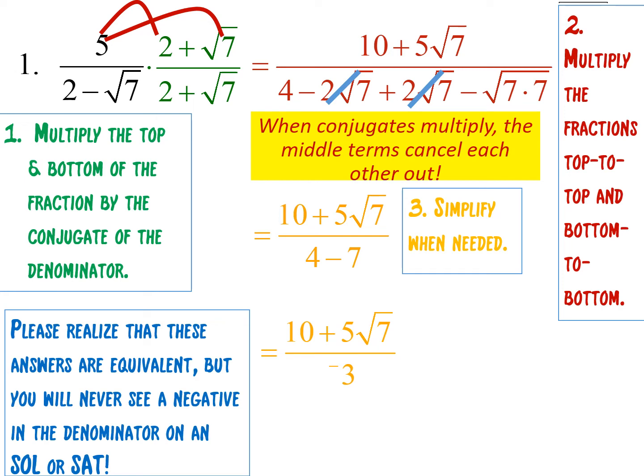We've gotten rid of the radical in the denominator, and this is completely simplified. If we wanted to rewrite it without the subtraction in the bottom, we can put it on the side, and then here it is again. I won't take off if you have it either of these ways.